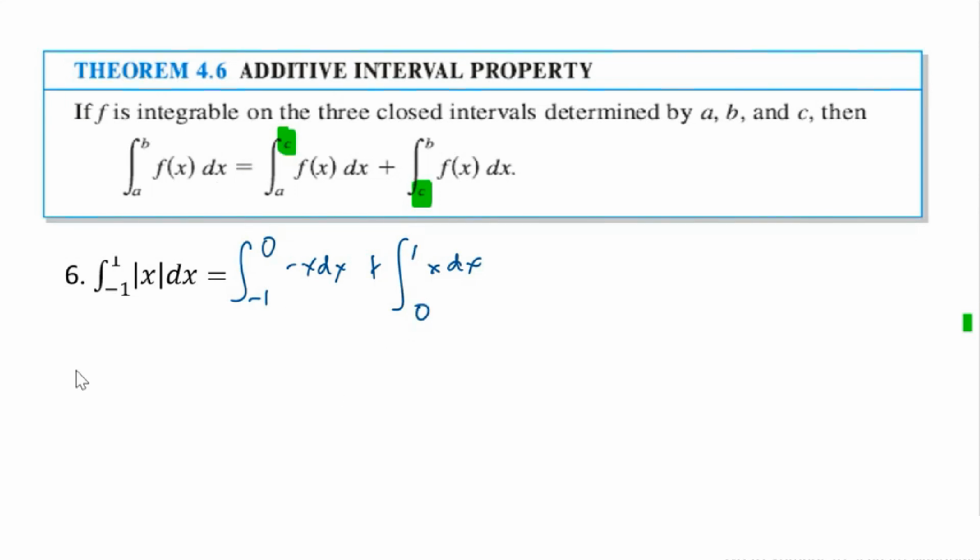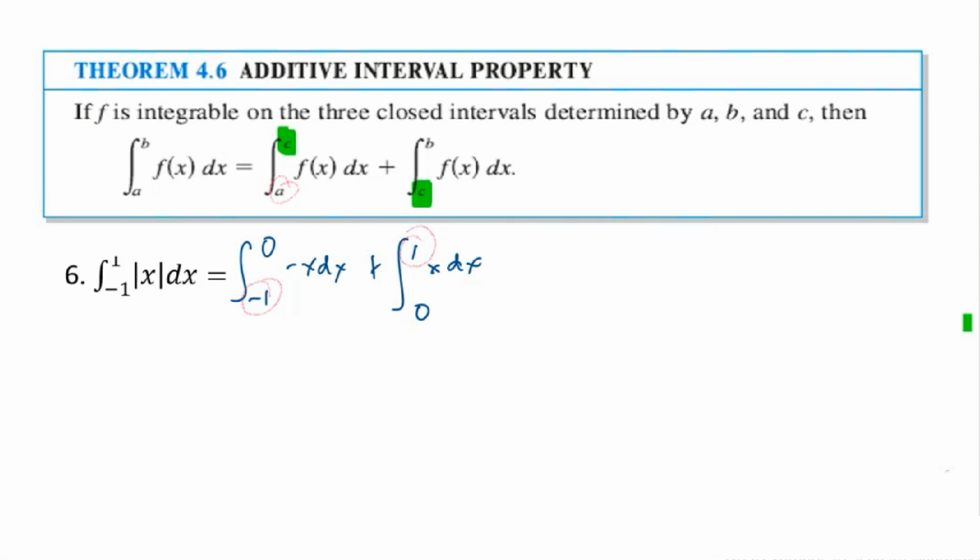In other words, class, our a is negative 1 and our b is 1. So we have negative 1 to 1, which is the same as the interval between a to b. It happens that our c in this example, for the absolute value of x, will give you 0.